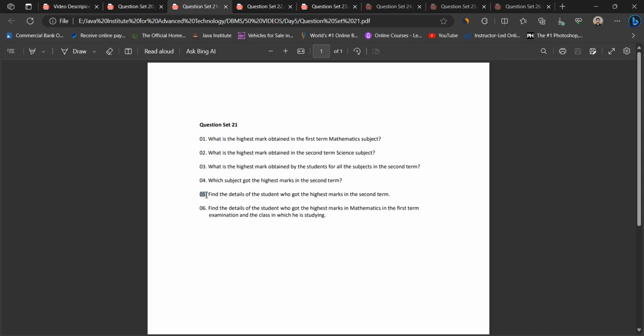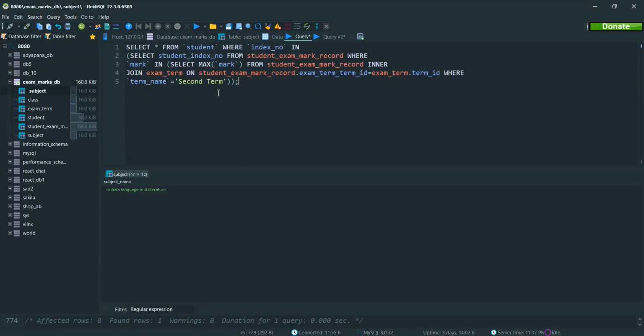So the fifth question, find the details of the students who got the highest marks in the second term. Find the details of the students who got the highest mark in the second term. So as we move, we also have used subquery and have joined two tables using inner join as well.